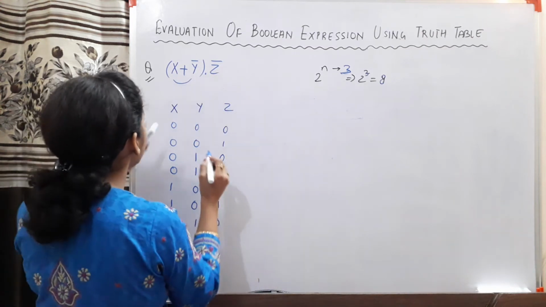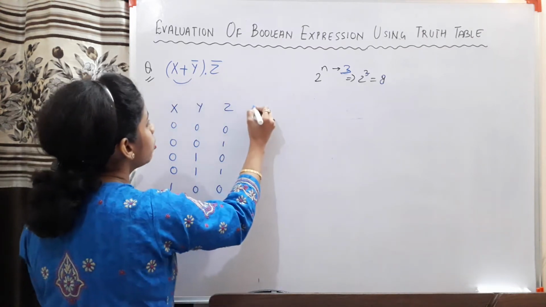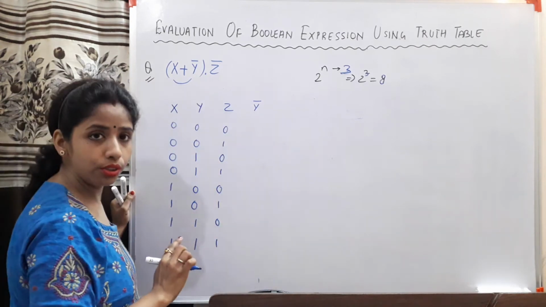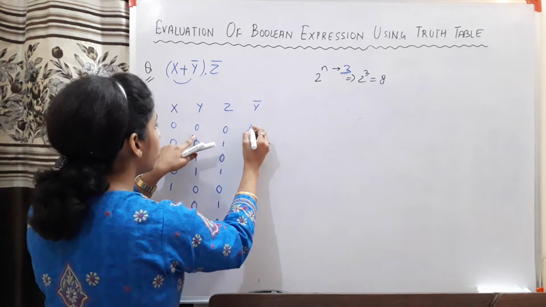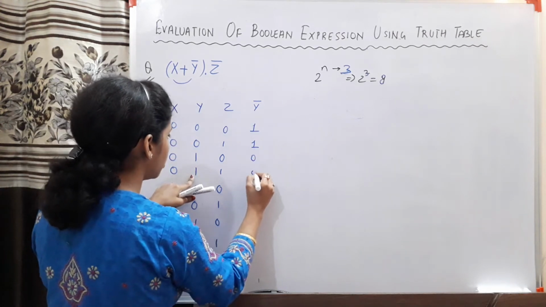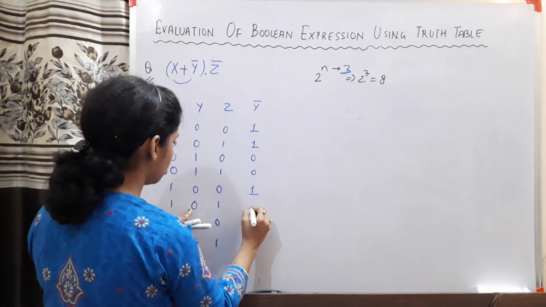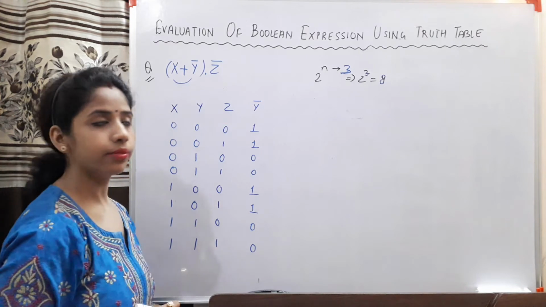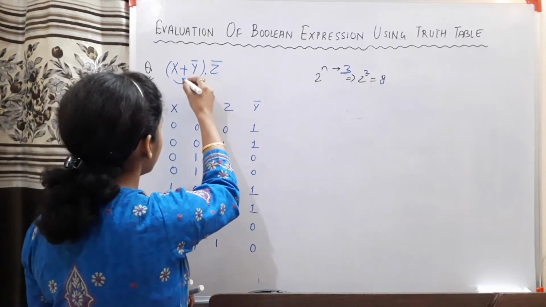So first of all, find the y bar, because you need to find x plus y bar. So x you already have, but y bar you don't have. So take out y bar, it will be opposite of y. 1 becomes 0, 0 becomes 1. Right. Now find out x plus y bar.